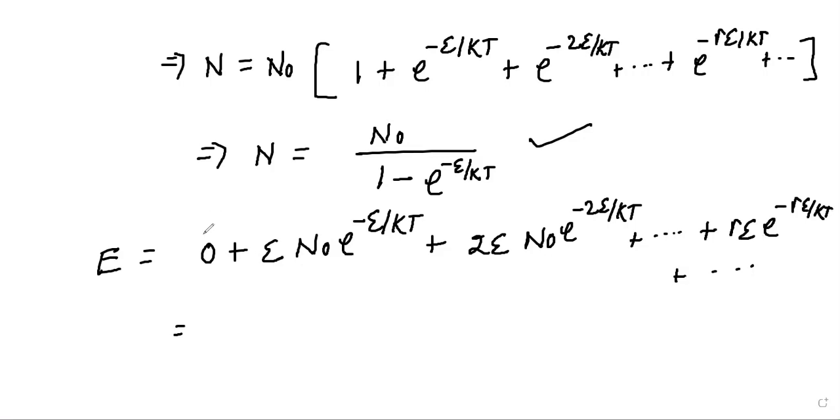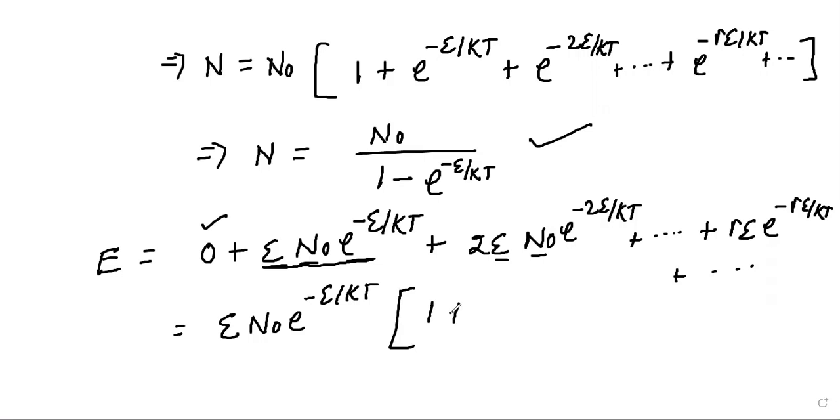So here you can see, forget about this 0, you have E N0 that is common. You can see E N0 in all these terms, right? So take that outside. So E N0, if I take out, and this e to the power minus E by kT as well, right? Especially the first term is common everywhere, so you take that out.